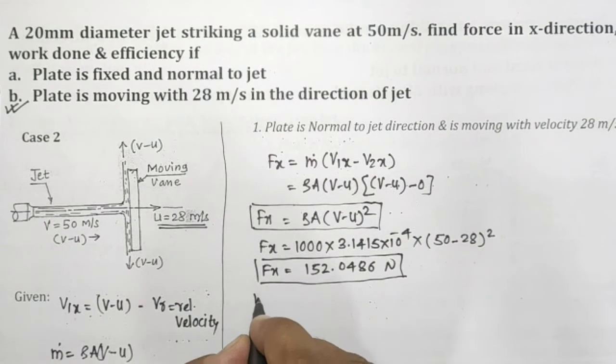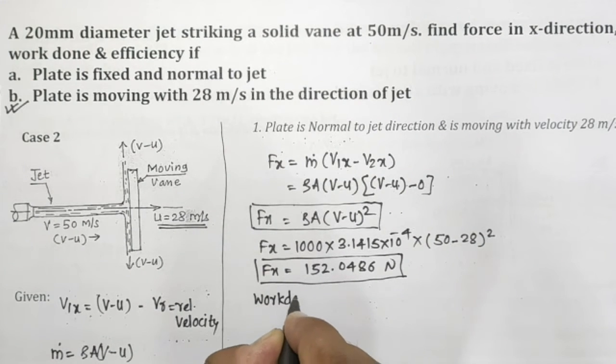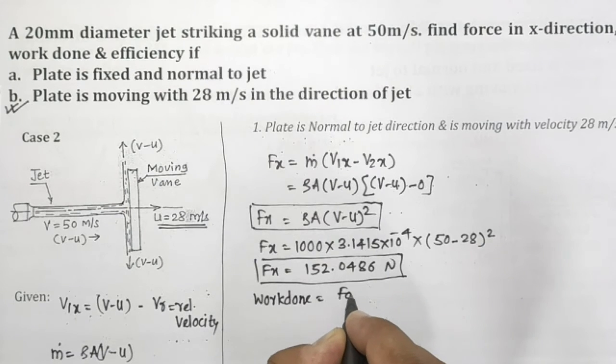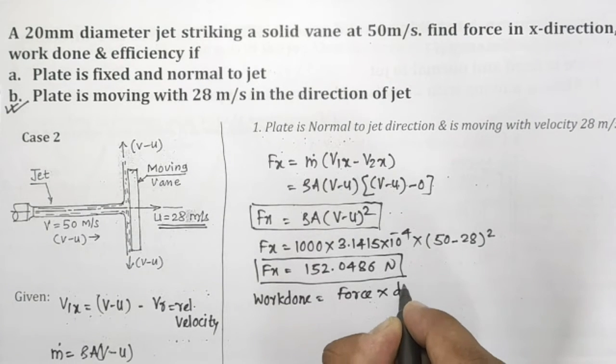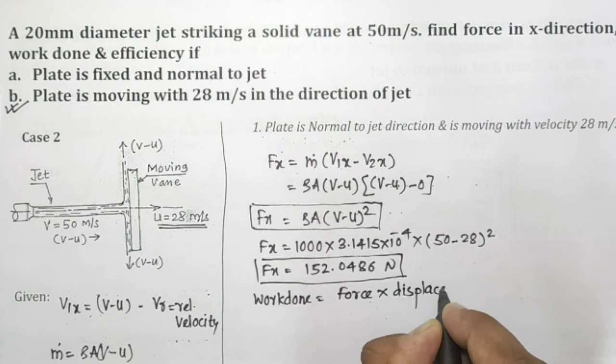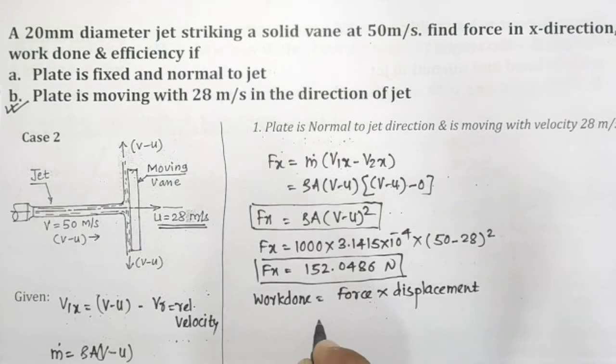Now work done is equal to force into displacement. So force is nothing but Fx, and the displacement is u. Now here you can directly find out the force in such a way that 152.0486 into the displacement, which is 28.